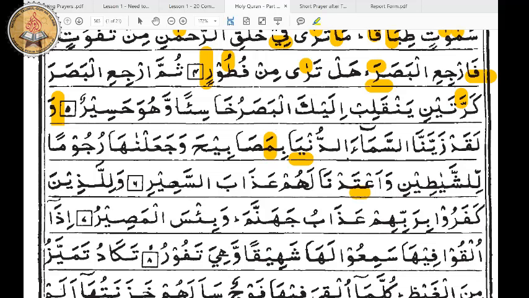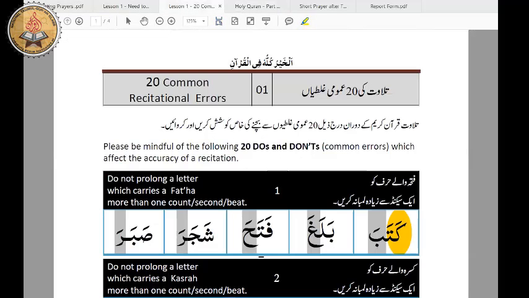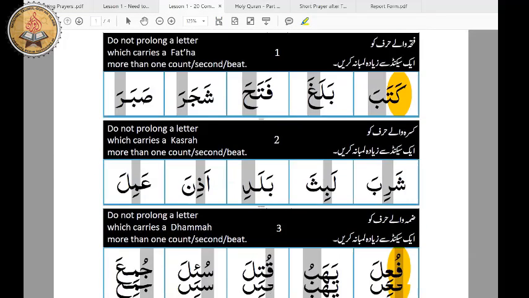So everybody, this is for everyone, not just these two students. This is for everybody if you're listening. Can you go over the 20 common recitational errors? I think you've gone through them with the other teachers. It's this file, okay?